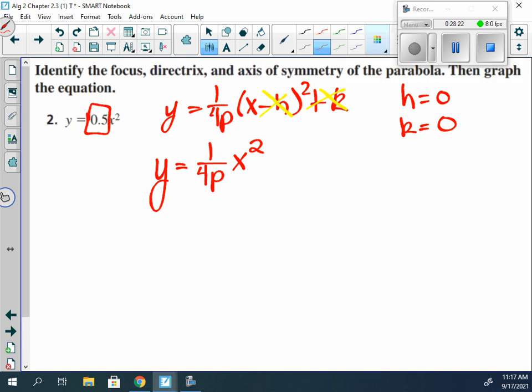So really, we're just saying the 0.5 is taking the place of 1 over 4p. It doesn't matter if it's a fraction or a decimal. Either will work just fine. So we can just go on and set it up that 1 over 4p is equal to 0.5.